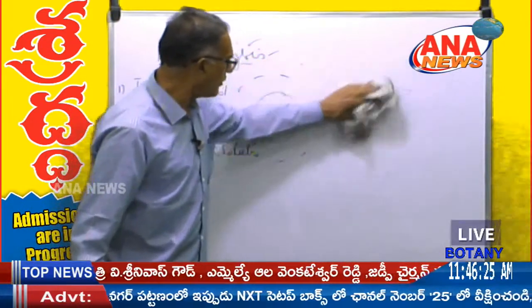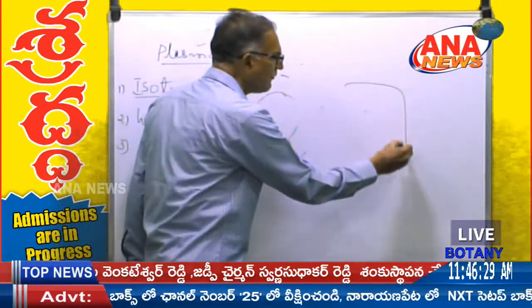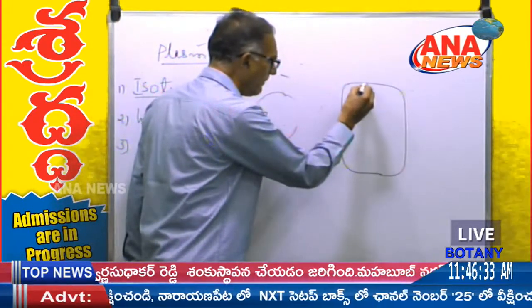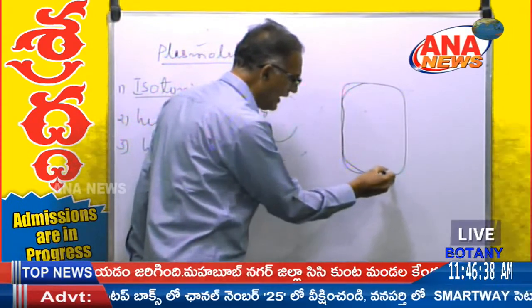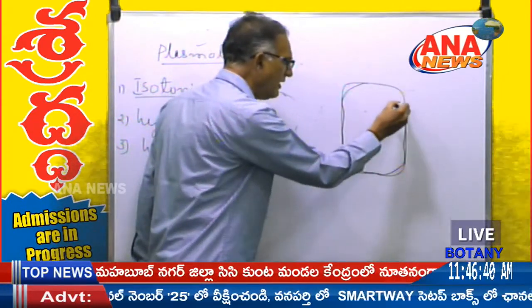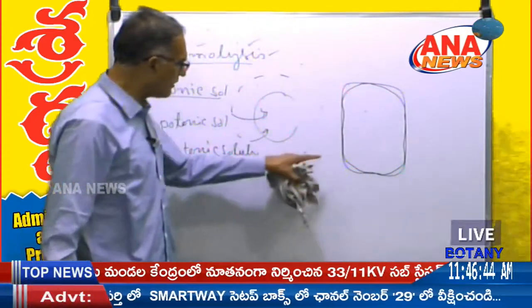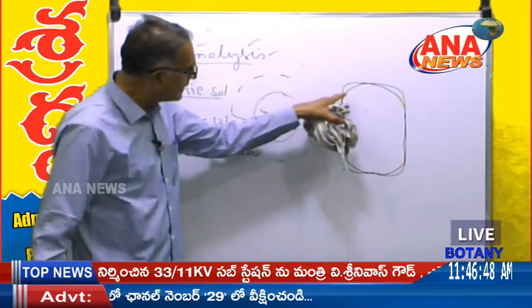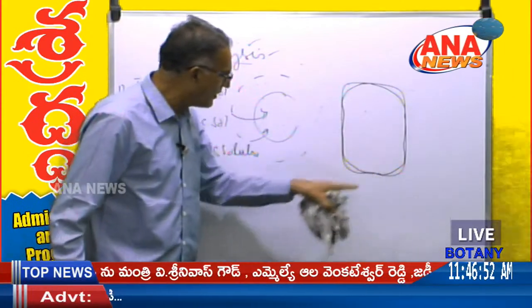So during the plasmolysis, when the water comes out of the cell, first of all the plasma membrane moves away from the cell wall at the corners.